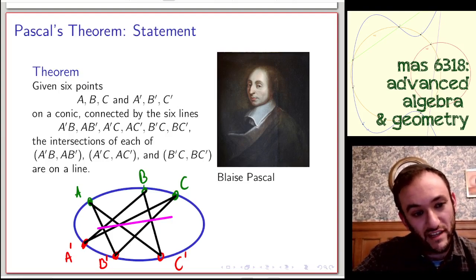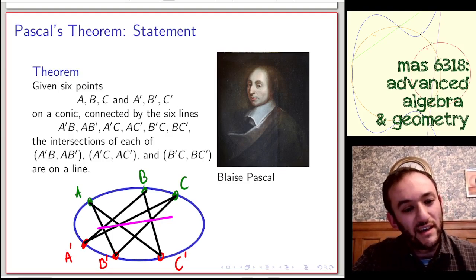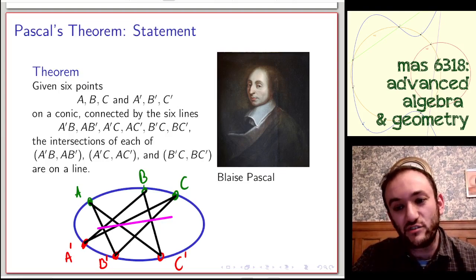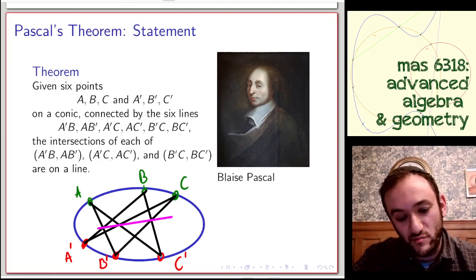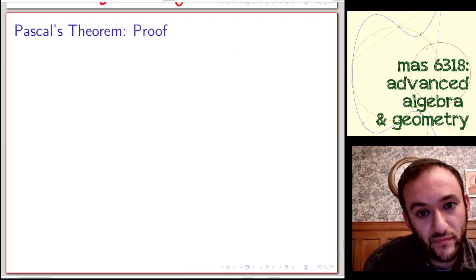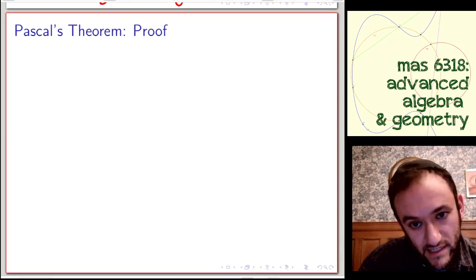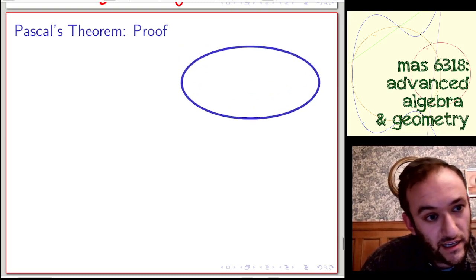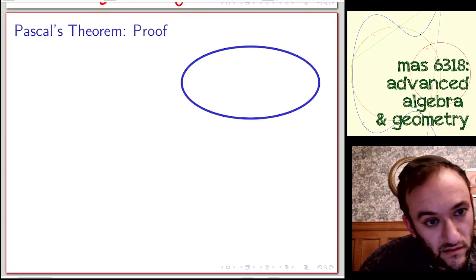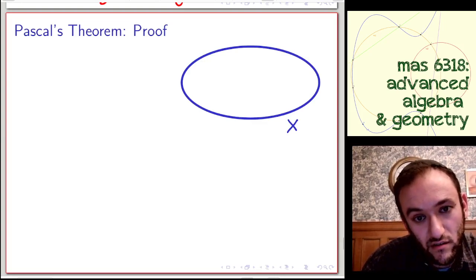So how can we prove this? Especially, how can we prove this using Bézout? It seems like such a classical geometry type result, whereas Bézout is more about algebra and equations. So let's prove it. The idea is as follows. Let's take an example just to illustrate. So we have our conic. Let's call this conic X. Then we have our points.